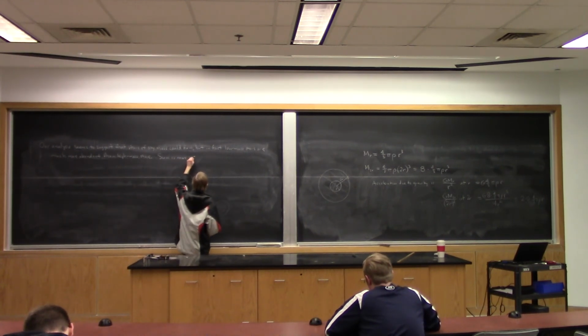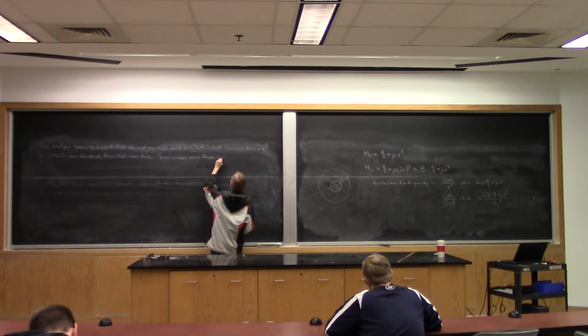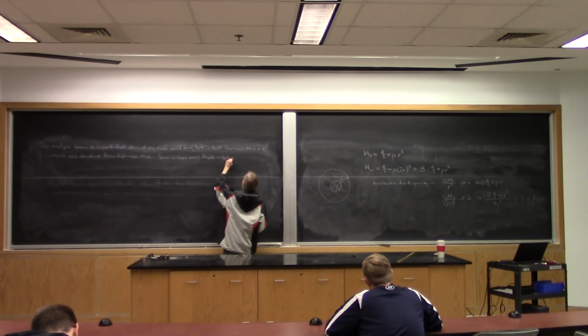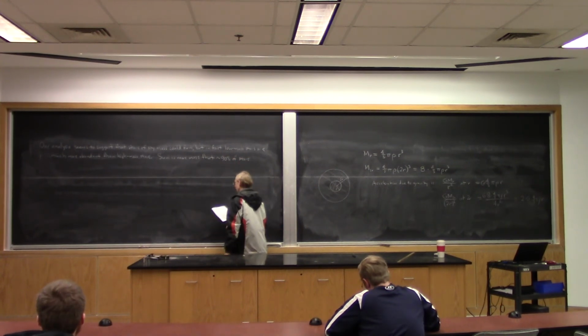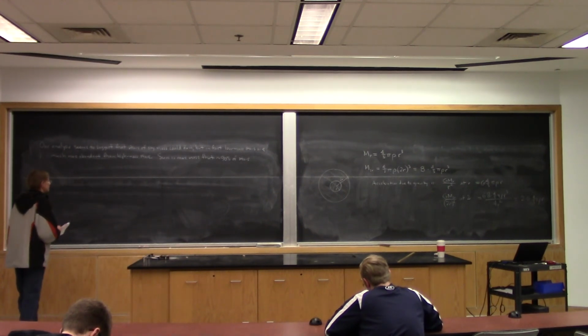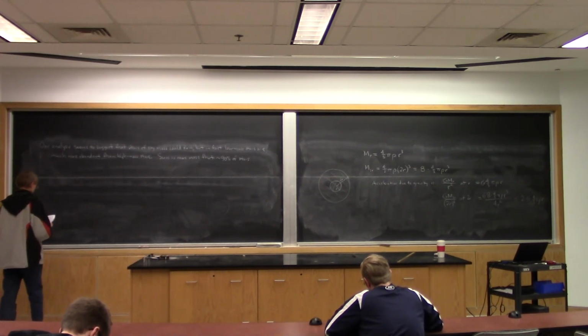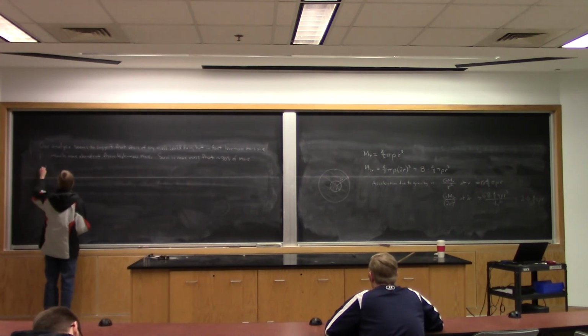Sun is more massive than about 90% of stars. Why?